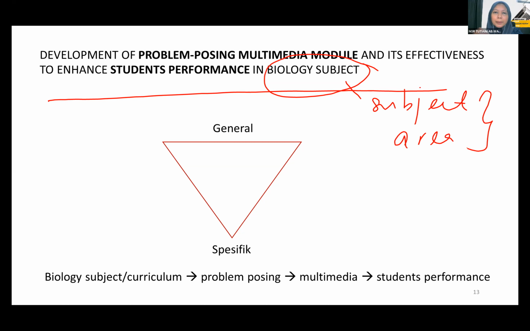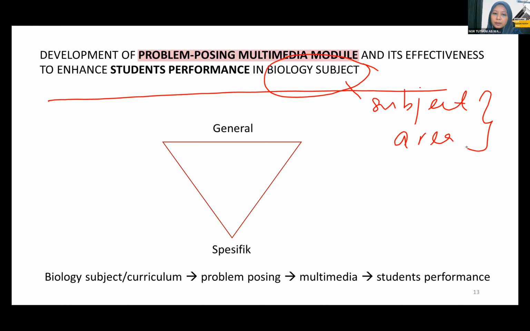And then later, please identify your variables, okay? Ataupun untuk qualitative study, please identify your factors, the key factors that you want to discuss in your research. Okay, so as of for this title that I showed in my screen, my first variable will be problem posing and multimedia module.